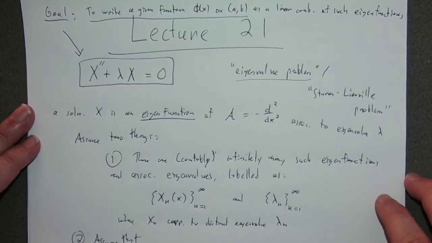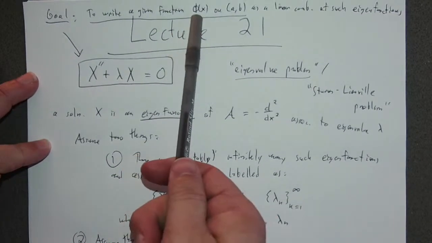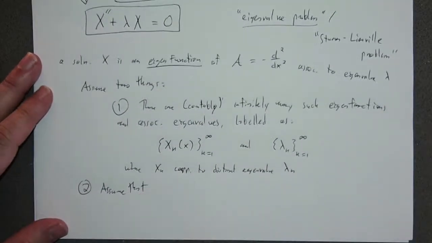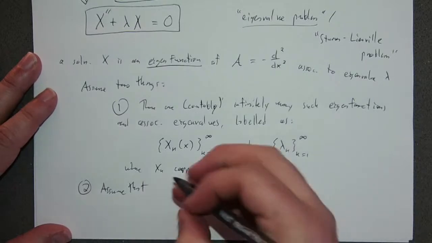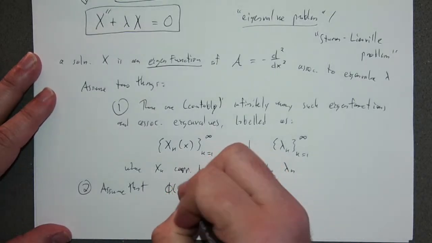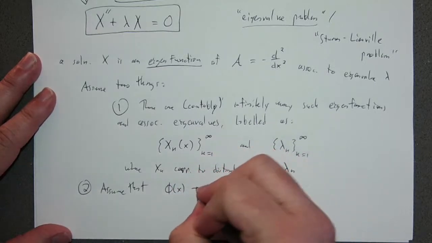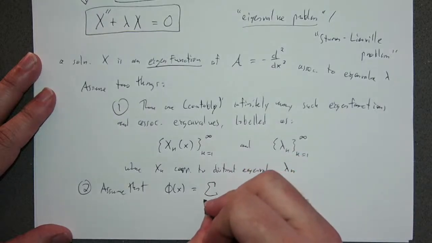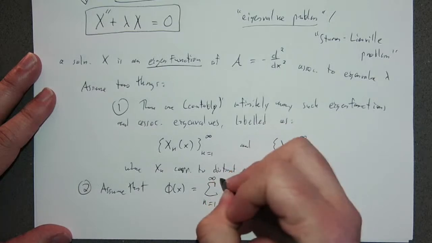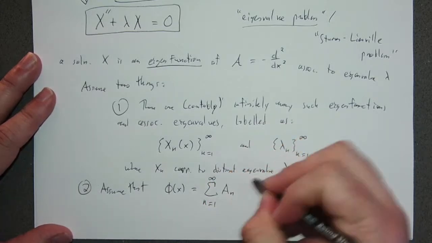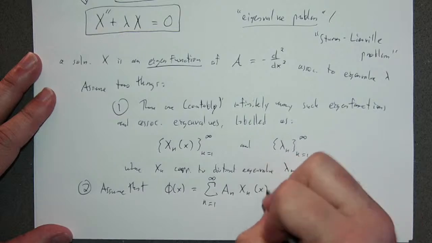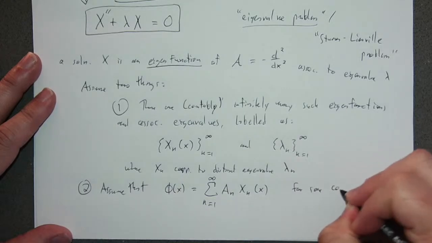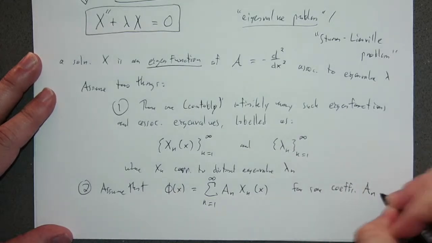And so assume that we can achieve that goal. Assume that given a function phi of x on our interval a to b, I can actually write it as a linear combination of those things. So assume that phi of x can be written as some linear combination, the sum from n equals 1 to infinity of a sub n times x sub n, for some coefficients a sub n.